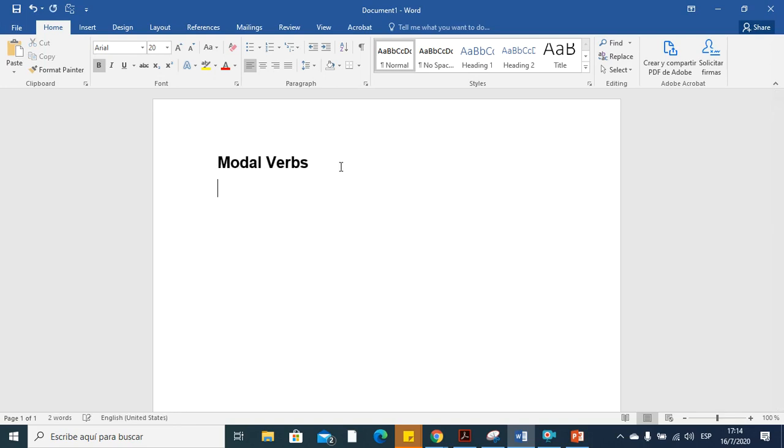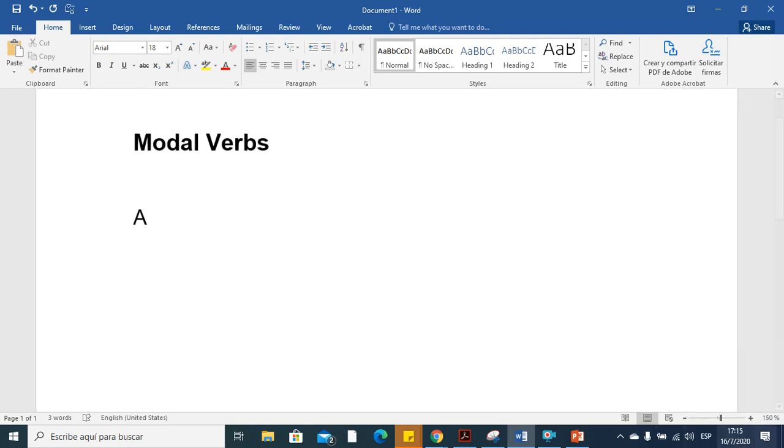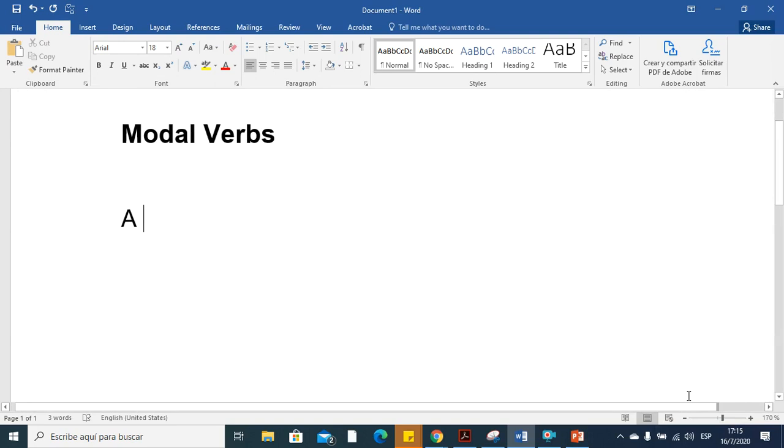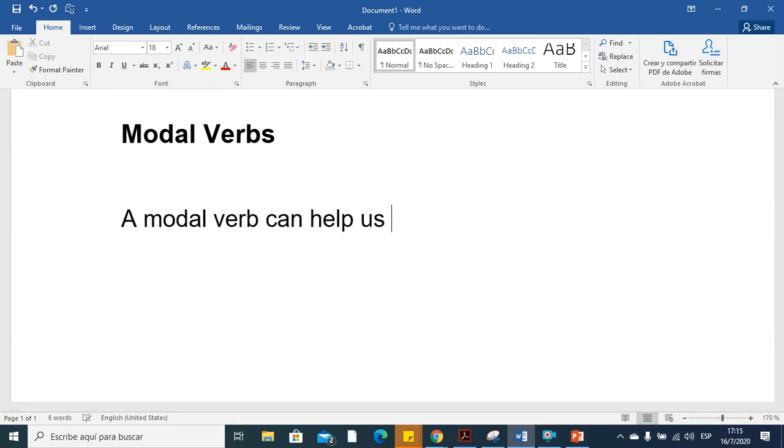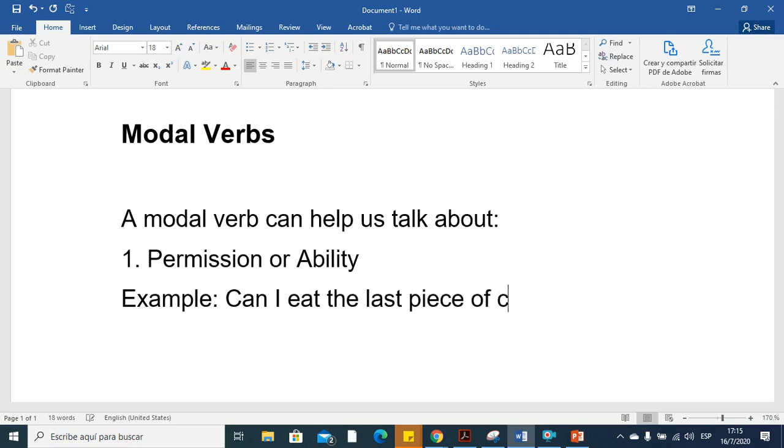For example, a modal verb can help us talk about, number one, permission or ability. Example: can I eat the last piece of cake?